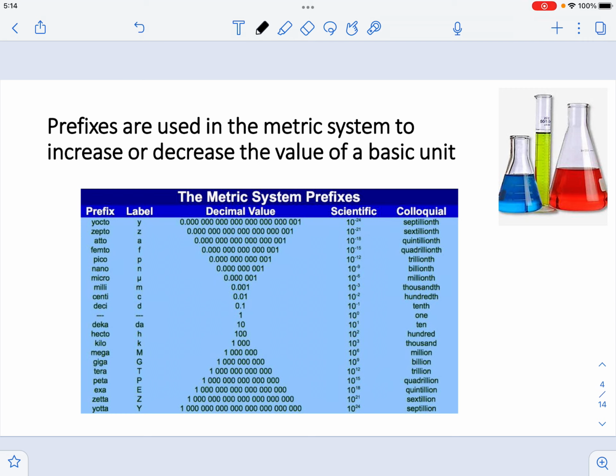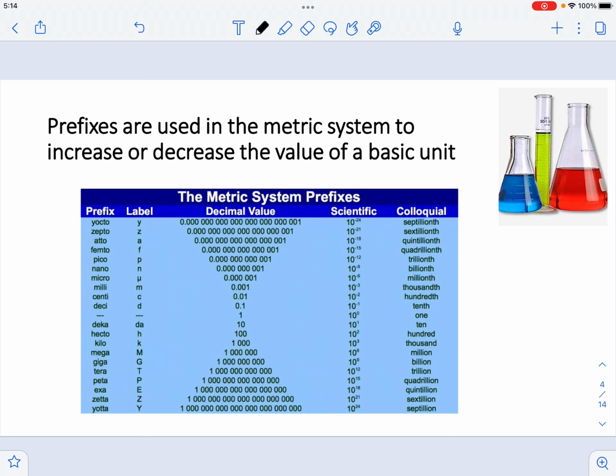When we're talking about measurements, one of the important features of the metric system is that there are prefixes that can be utilized with it that are going to increase the value of our basic unit, or decrease the value of our basic unit. So when these are utilized, we can see how our metric system gets into larger amounts or smaller amounts.